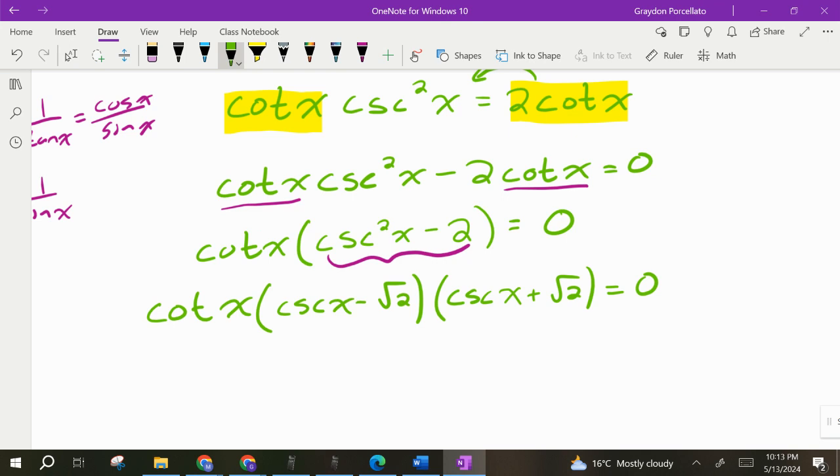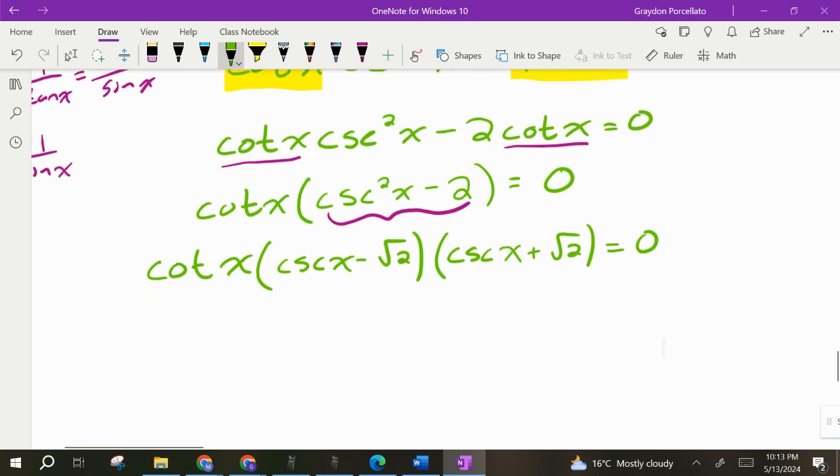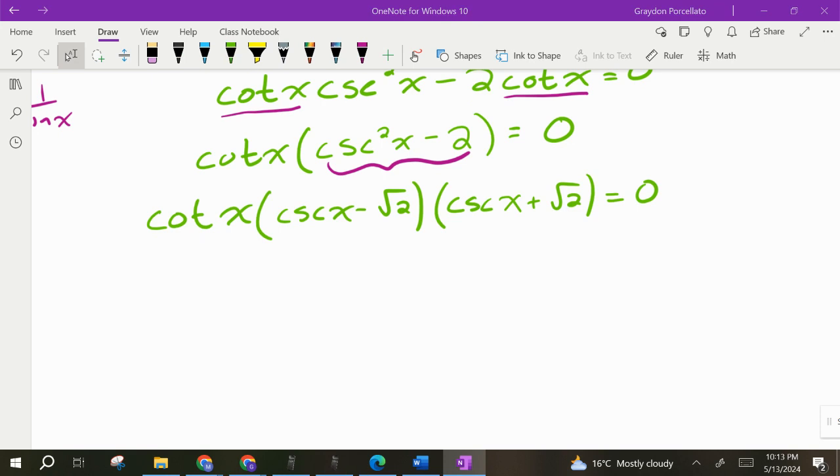So now I have three factors. So I'm going to have three solutions. And my three solutions are going to be cotangent x equals 0. That's going to be 1. I'm just going to put a little 1 above it. My second one is going to be cosecant of x equals positive root 2.